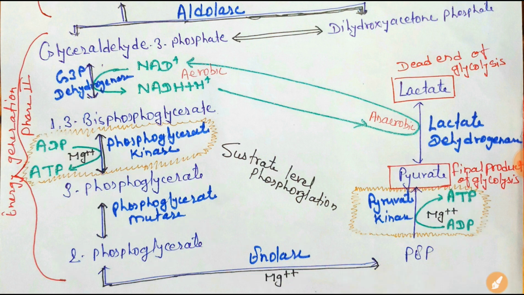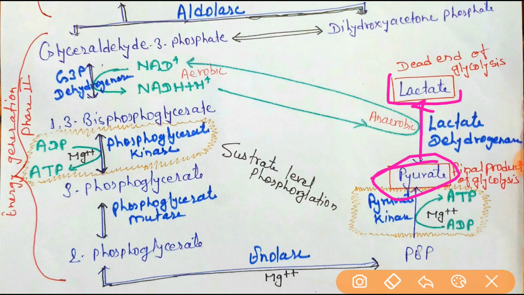In glycolysis, the final product is pyruvate, and in absence of oxygen, pyruvate is converted to lactate. This is a reversible reaction, and the enzyme is lactate dehydrogenase.